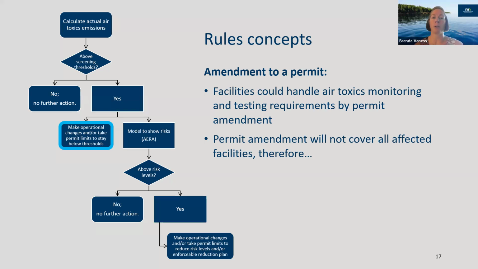So an amendment would be done to include the restrictions or limits that they're taking, and the air toxics monitoring and testing that they would be doing. They would submit that amendment, and then the amendment would follow the standard permitting process with those requirements stated in the permit. So again, this would be for the permit types that do have amendments as options in their permit type. However, for facilities that do not have permit amendments as an option, we're considering, next slide.